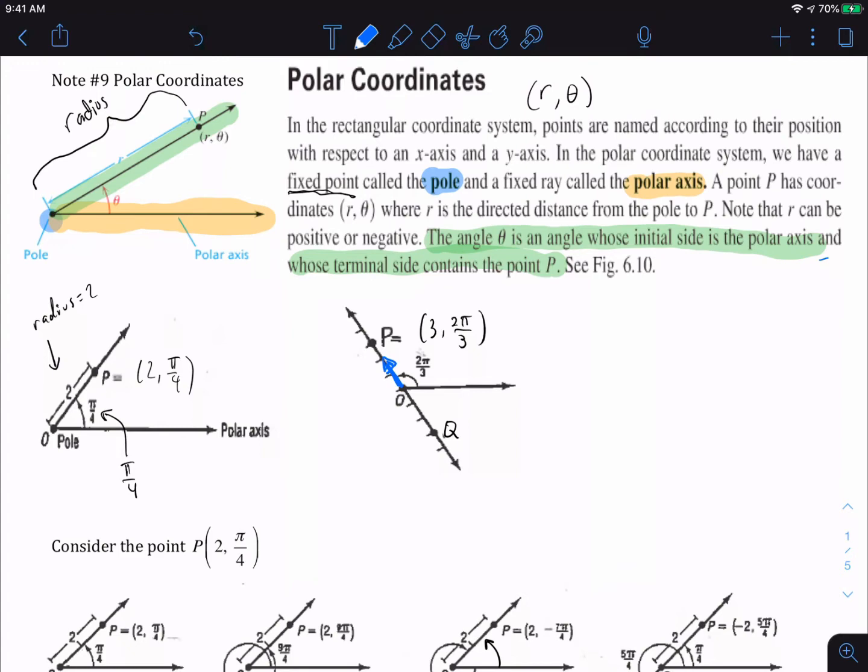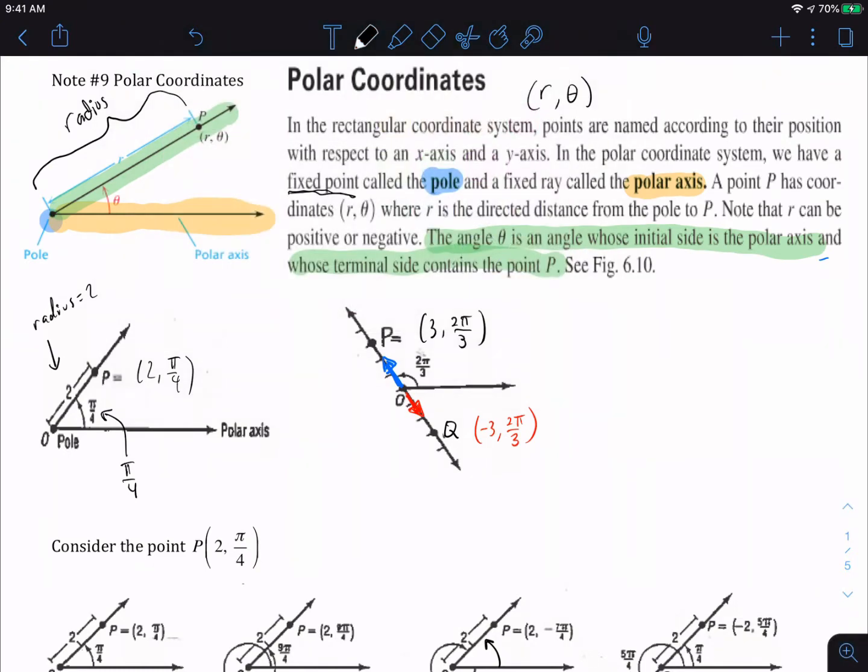Since I'm facing where it terminated, I'm going to walk forward 3 steps to get to where I'm going. So that's a positive. Now, to get to point Q, I still have that same angle, but now I'm going to walk the other way, like walking backwards. And so this point is going to be negative 3, 2 pi over 3. Okay?